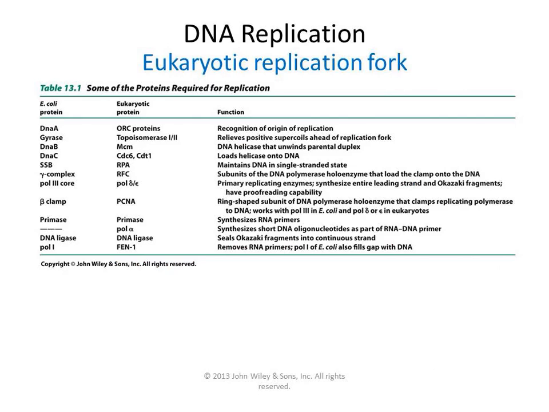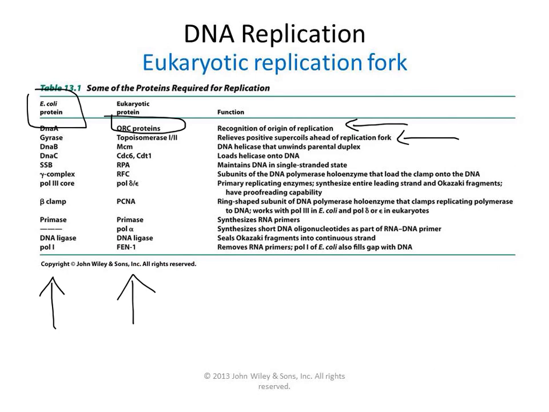So what do we know in regards to comparison between some of these proteins involved? You can see here the proteins that are important in E. coli. DnaA is an origin recognition protein. We also have origin recognition proteins in eukaryotes, which we call ORC proteins. Both of them contain enzymes that are important for dealing with supercoiling, such as topoisomerase 1 and 2 in eukaryotes, and gyrase in E. coli.